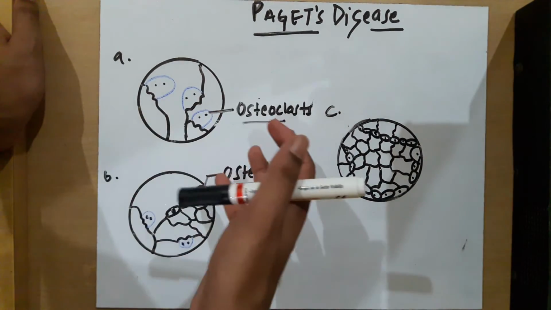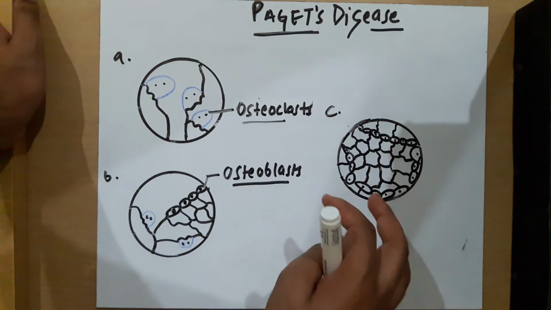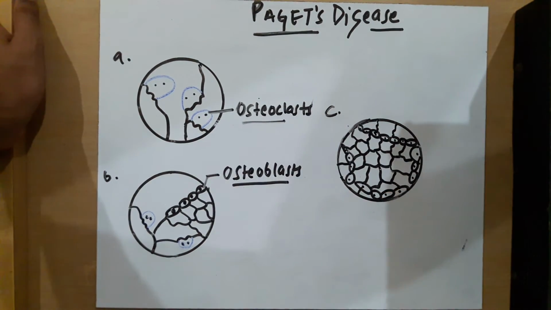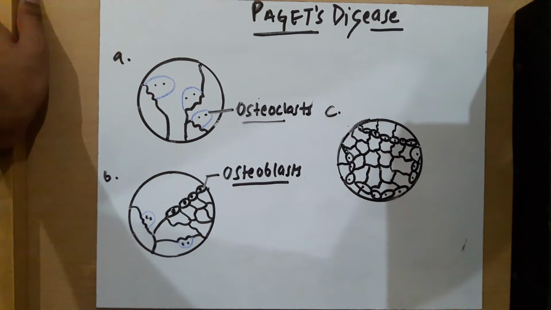So these are the diagrammatic representation of the three stages, explained in a little bit of detail.